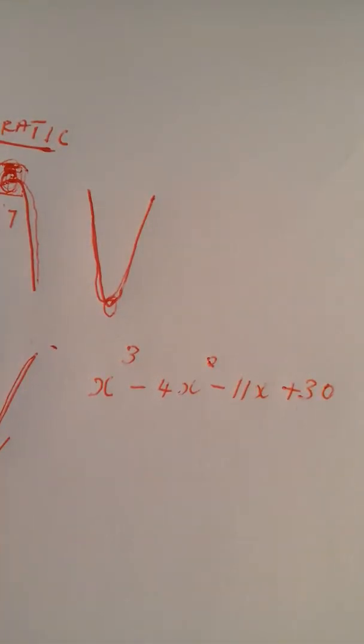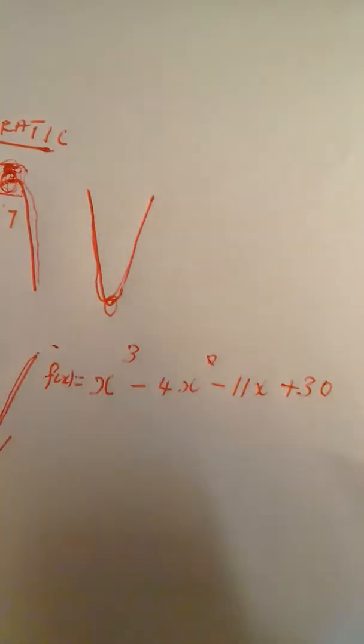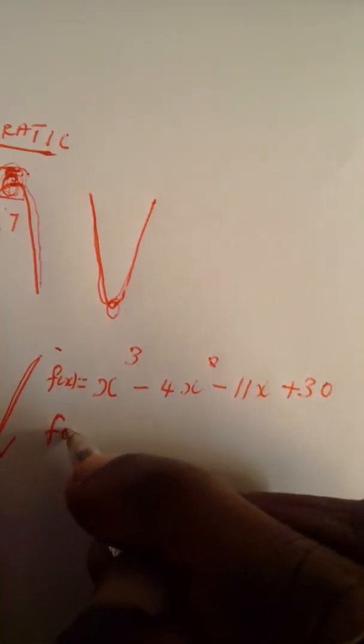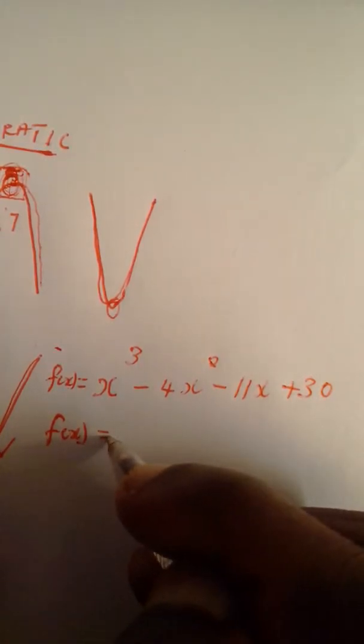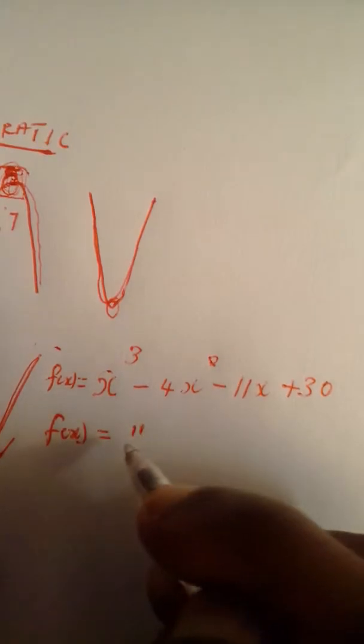The original function is x cubed minus 4x squared minus 11x plus 30, or one can say f of x equals to. So this is my original function. So to find the turning point of y, I will say f of x equals to, where I see x, I put 11 over 3.